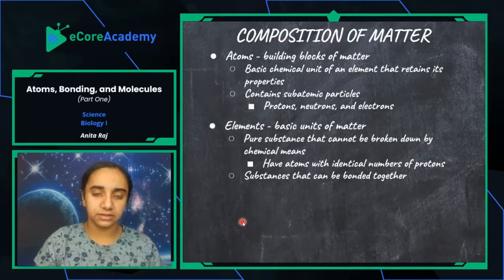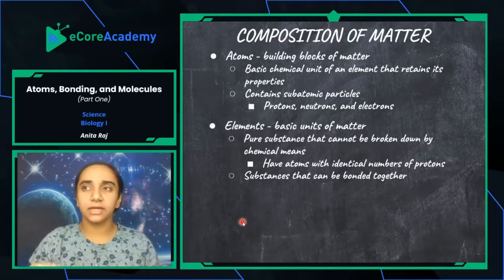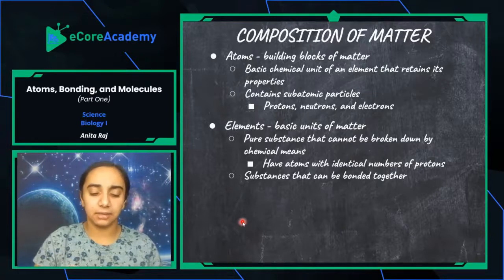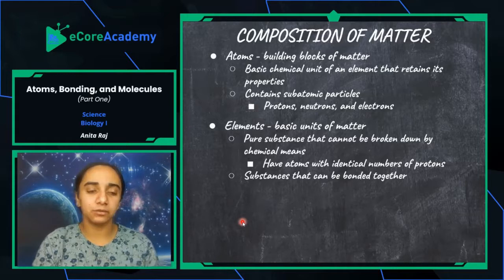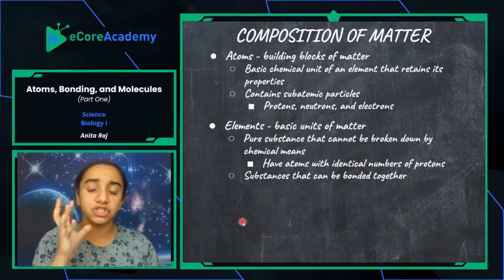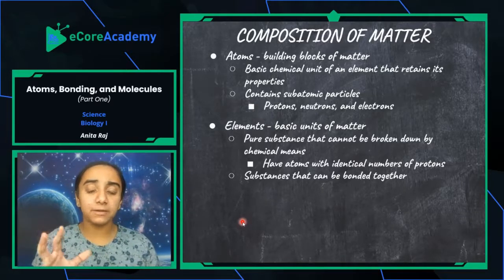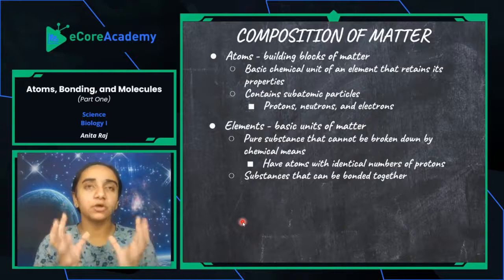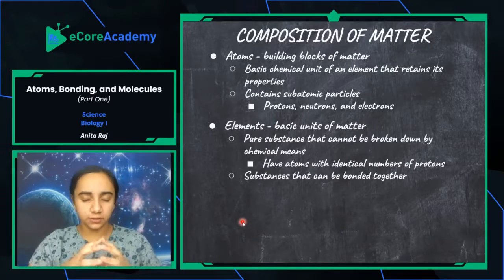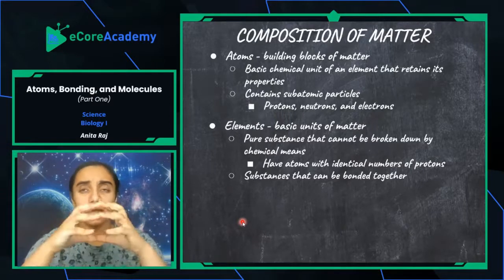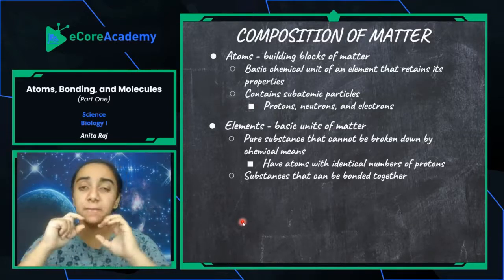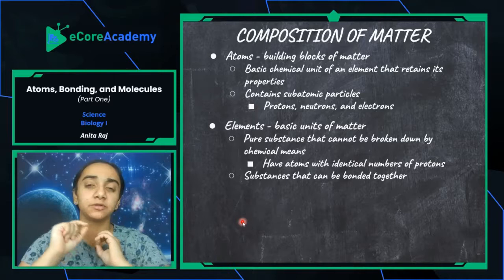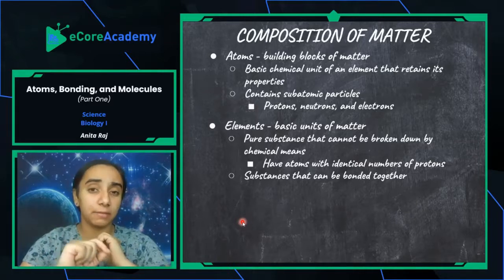Chemical means include things like fermentation, burning, maybe adding some other chemicals, things that actually change the properties, like the actual build of the atom. We'll talk more about chemical changes in the next video. So I'll go over this quickly. An atom has a specific amount of protons in the nucleus, and the amount of protons in the nucleus determines what element that atom represents.